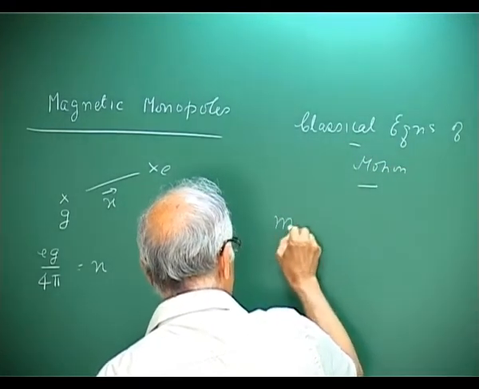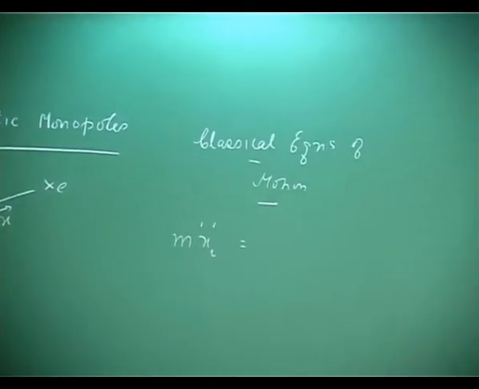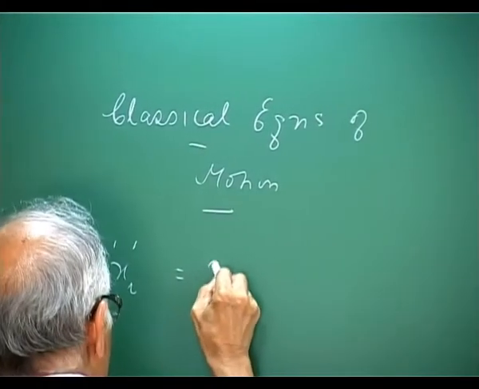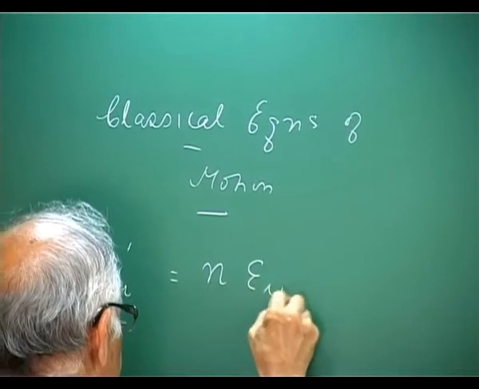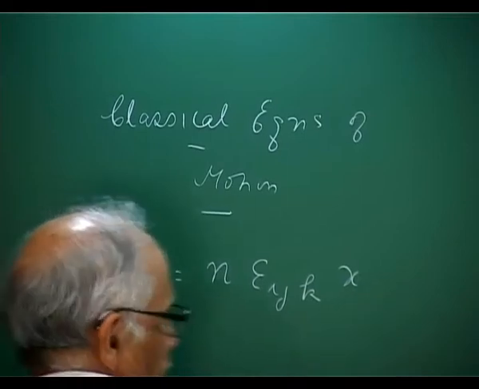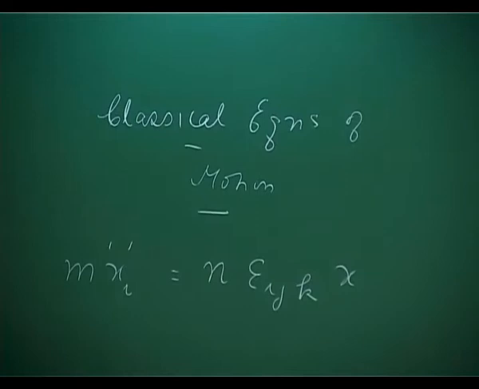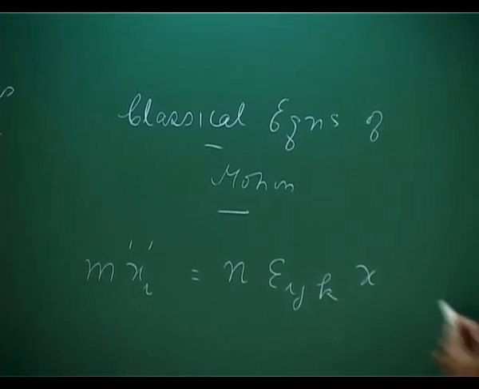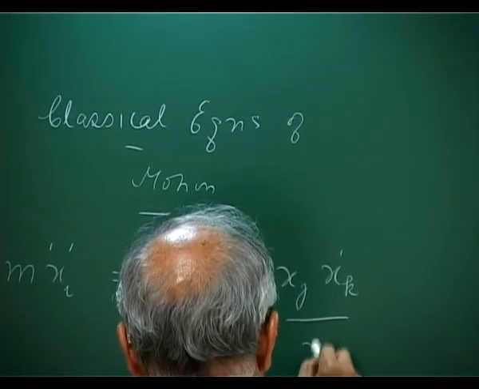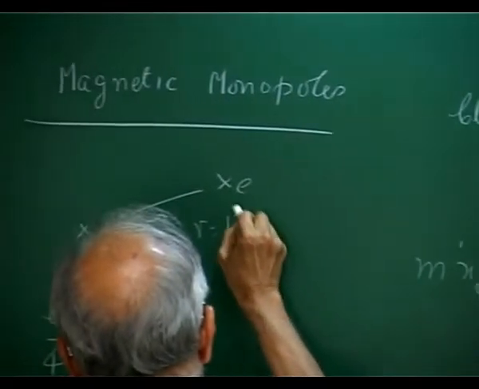So here the classical equations are given by the Lorentz force equation. Right. E times V cross B. So this in my notation is n epsilon i j k x j x k dot over r cube, where r is the modulus of this distance.